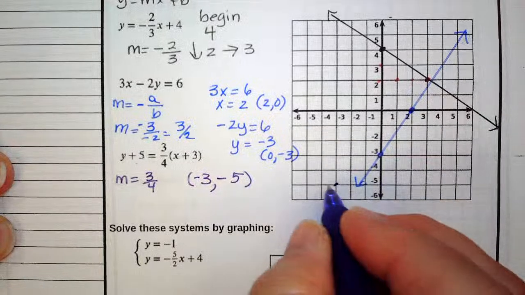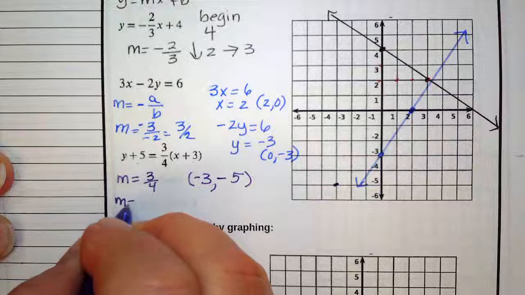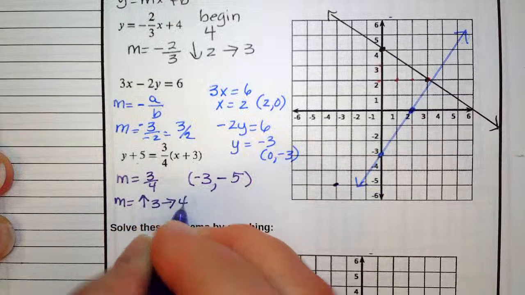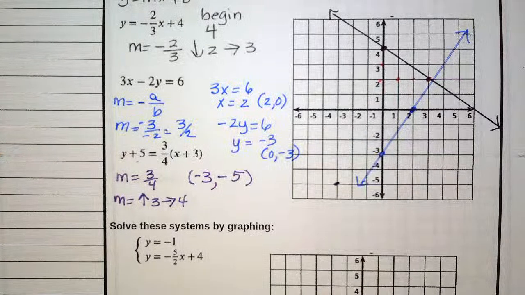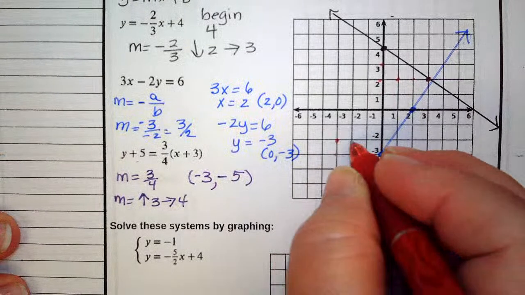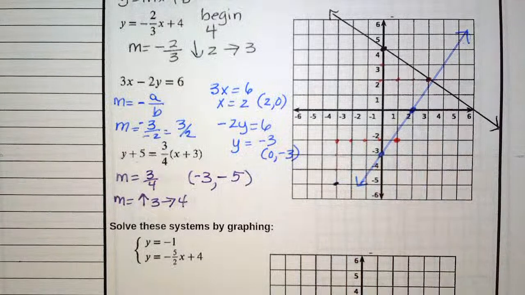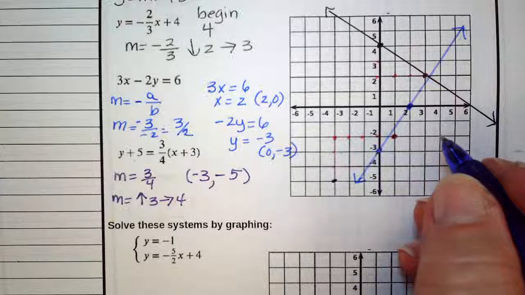There'll be 1 point on it. I've got my slope. I move. I go up 3 and right 4. So I start negative 3, negative 4. I go up 1, 2, 3, right 1, 2, 3, 4. I'm now ready to draw the line because I've got the 2 points.